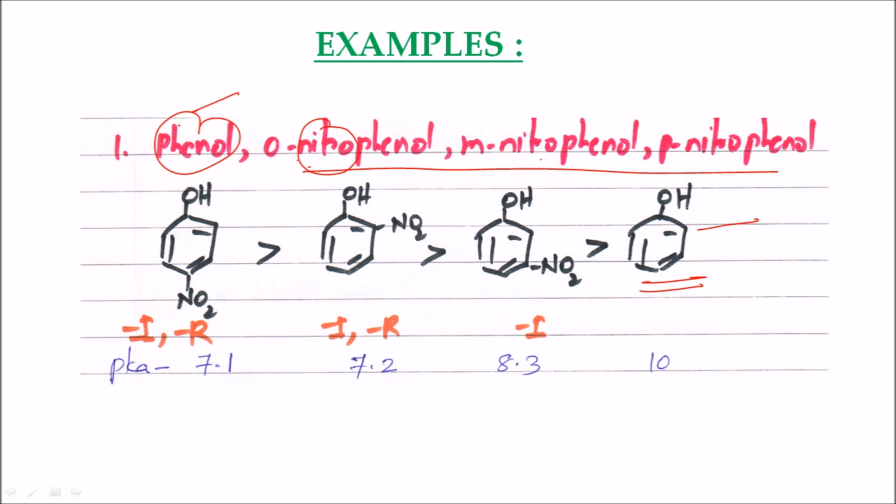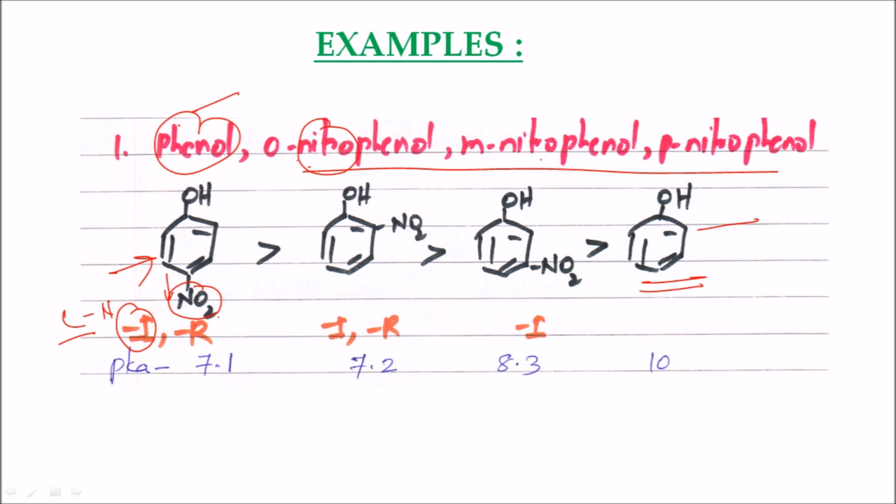Among ortho-nitrophenol, meta-nitrophenol and para-nitrophenol, we need to compare which one is more acidic in nature. The most acidic will be para-nitrophenol. NO2 is an example of an electron withdrawing group. Nitrogen is more electronegative compared to carbon in the carbon-nitrogen bond, so it withdraws electrons towards itself, exhibiting -I effect due to the difference in electronegativity.